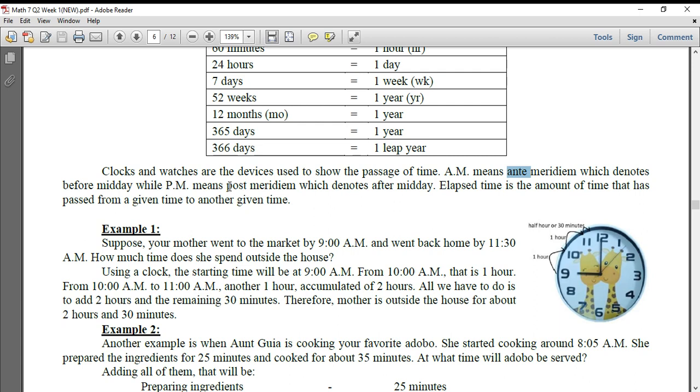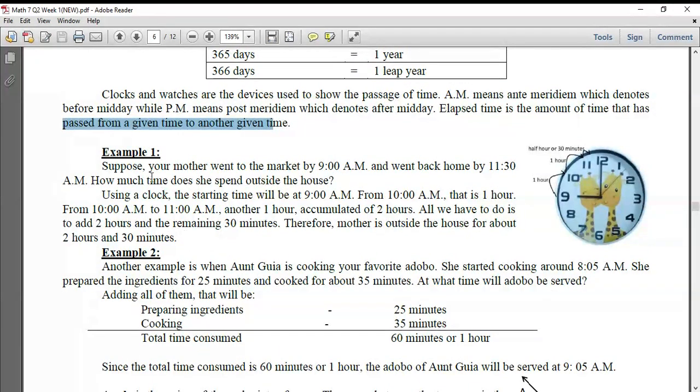While PM, post meridiem, which denotes after midday. So, sa hapon, PM. Okay, so this one is AM sa umaga. So, ang elapsed time naman na tinatawag, ito yung amount of time that has passed from given time to another time. So, let's have an example.